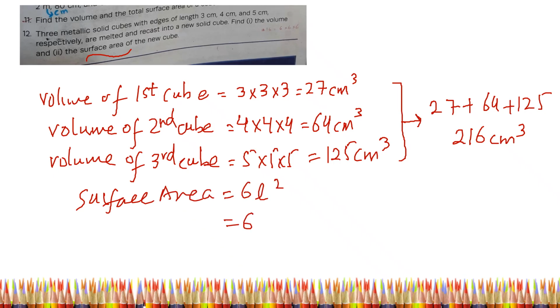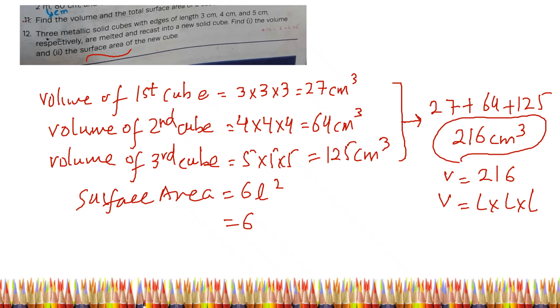Now we don't know the length, but we can find the length by using this volume. See, the volume is 216, and the formula for volume of a cube is L multiplied by L multiplied by L. Now which three numbers when multiplied together give you 216? 6 multiplied by 6 multiplied by 6 is that number which gives you 216.